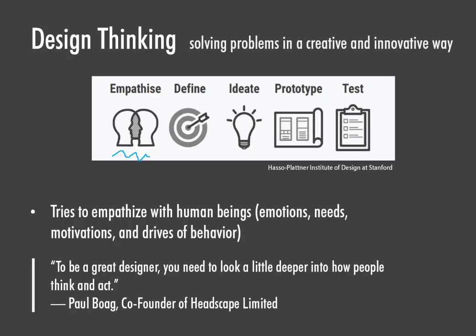Understand why people are struggling with what. And then define the problem. Okay, this is the problem. You define it. And get some ideas and make some sketches on paper or any other sketch program. And then make the prototype of them. And test them.